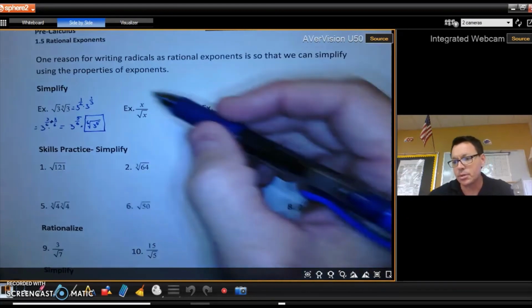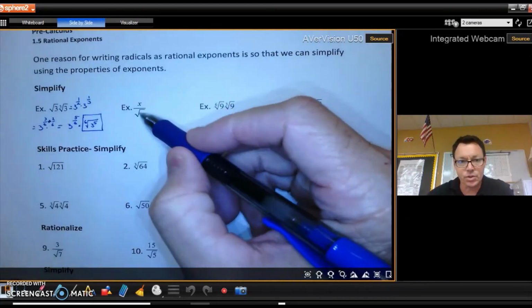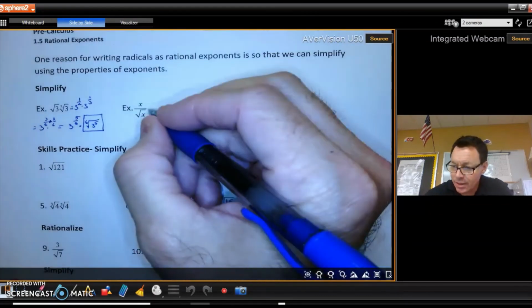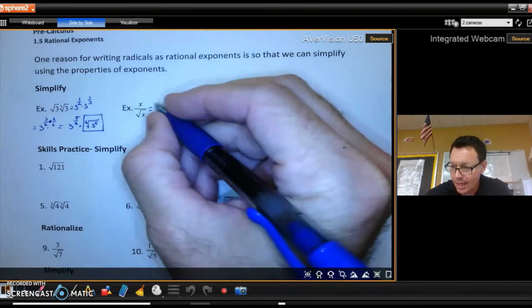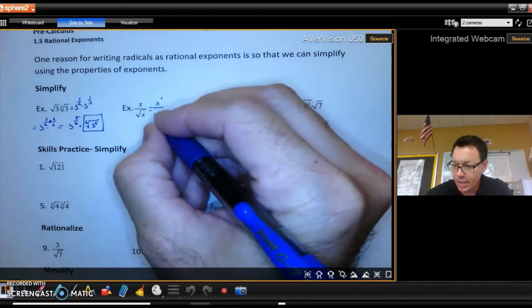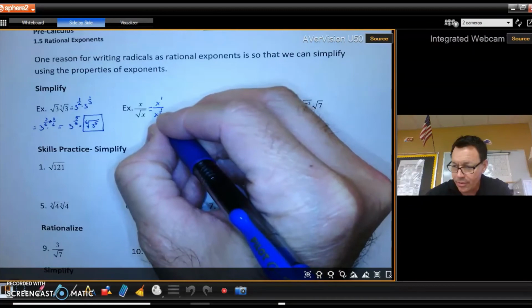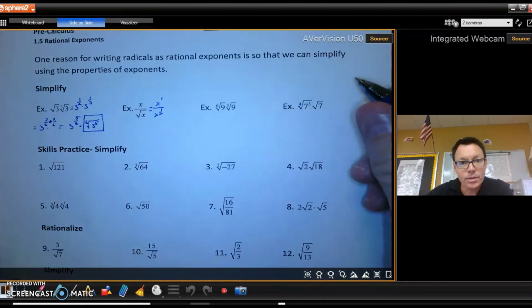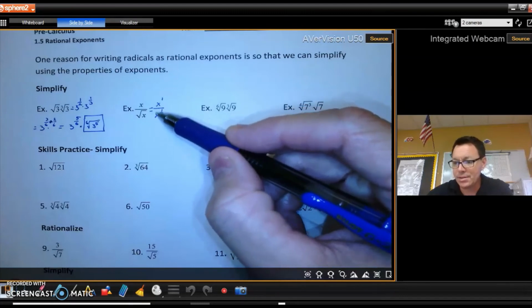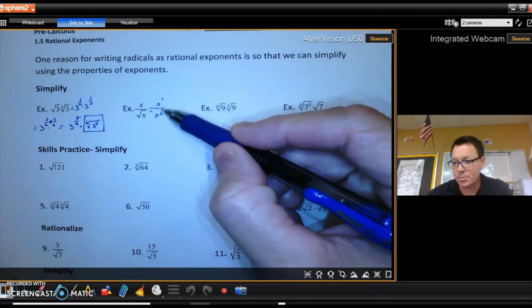Like the next example. There's no way to simplify this. There's no way to cancel, reduce, or do anything with this unless we think of x as x to the first, and we think of the square root of x as x to the 1/2 power. Now we can use the properties of exponents that say if you're dividing the same base, you just subtract the exponents.